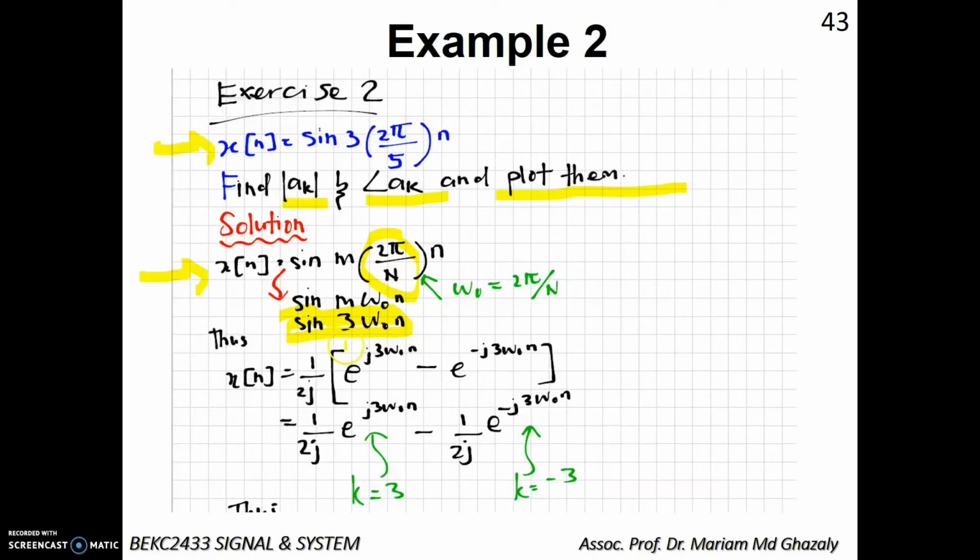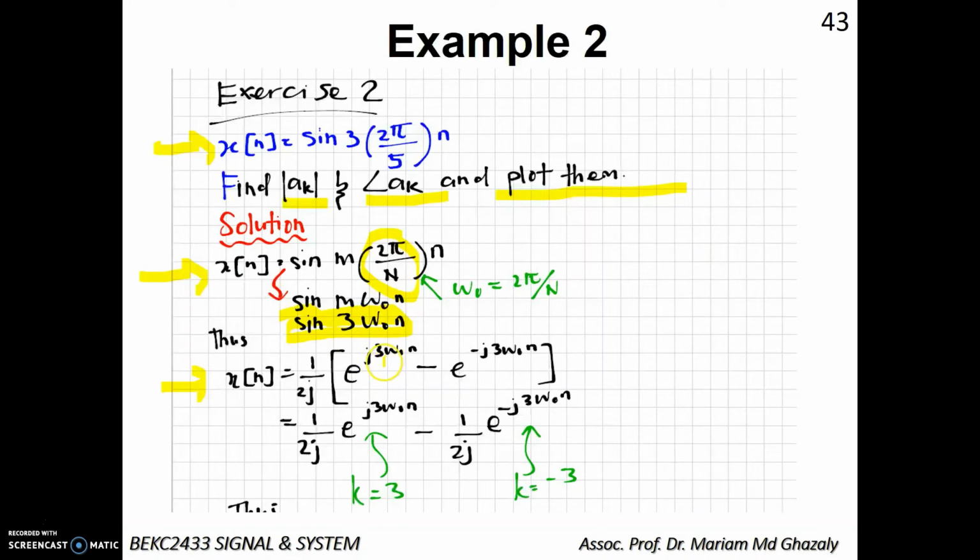So what you need to do is expand sine 3 omega n using Euler. So you have 1 over 2j in bracket e^(j3 omega n) minus e^(-j3 omega n). So don't forget the 3 there. The 3 indicates that the k value is equal to 3.